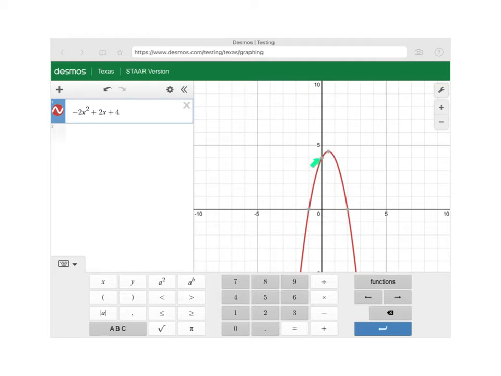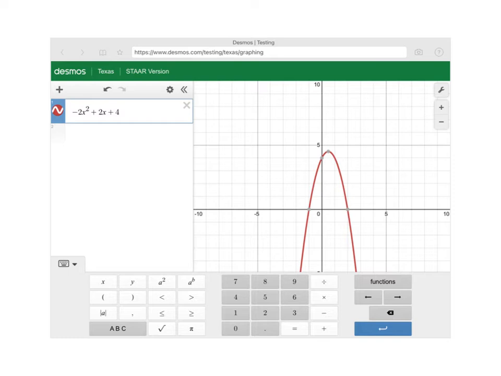You can also see it crosses the y-axis here at plus 4. And again, 4 is here in the function, plus 4. We probably should put this in as y equals, but you can see that it is graphed for you. And notice we're talking about the range, so it's going to be all the y values going up and all the y values going down.